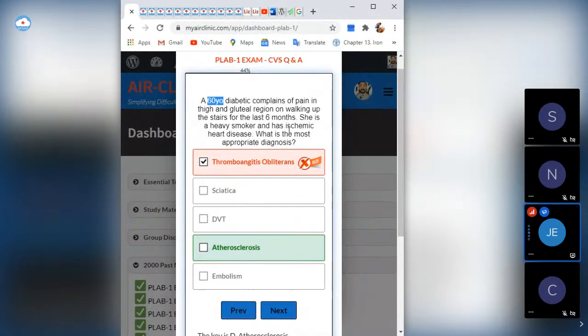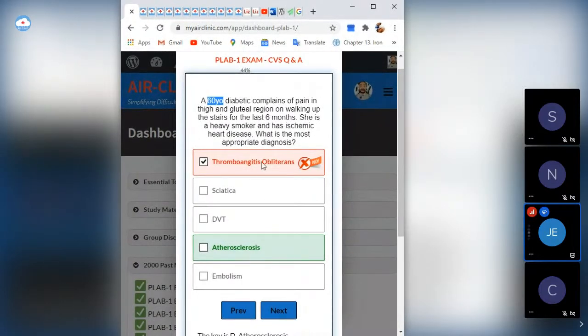Then combined with all these other risk factors, smoking, diabetes, ischemic heart disease, right? So atherosclerosis. And ischemic heart disease is also seen in people that have atherosclerosis as well.